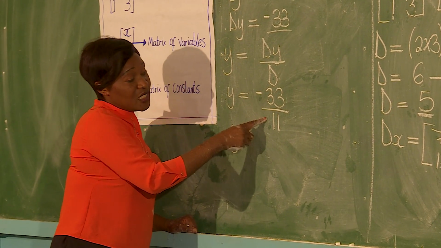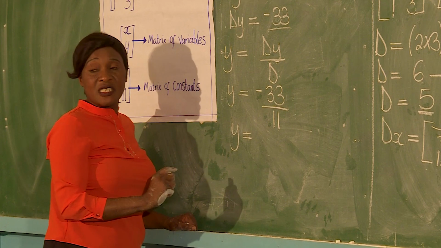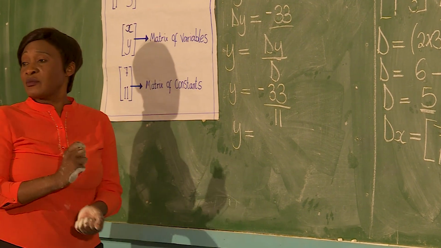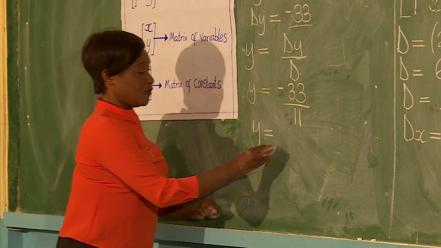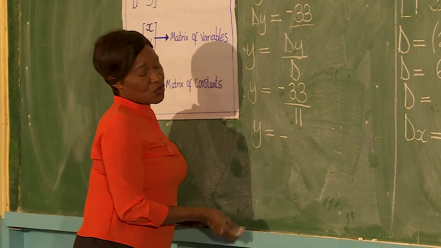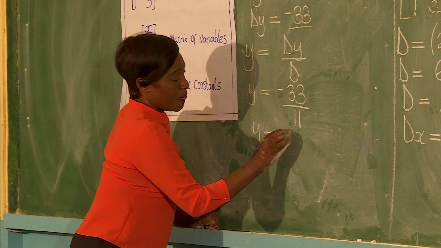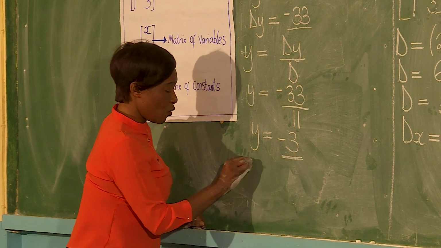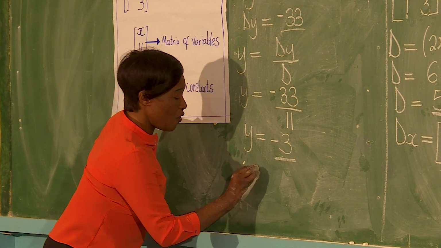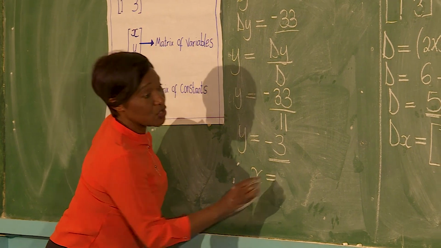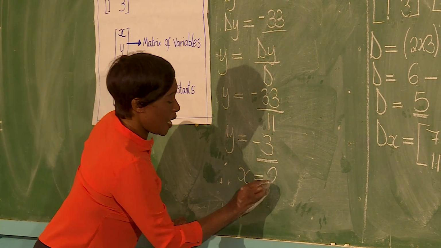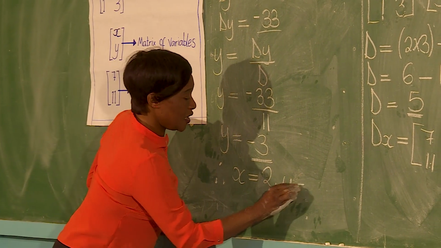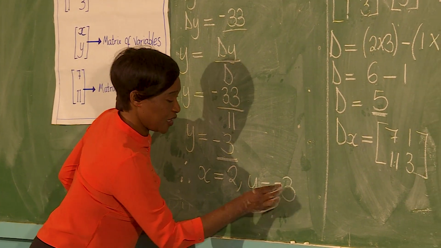Yes. So when we have positive and negative and we are dividing, what will be the sign? Negative. Then divide 11 into negative 33. 3. Negative 3. So this is our y.